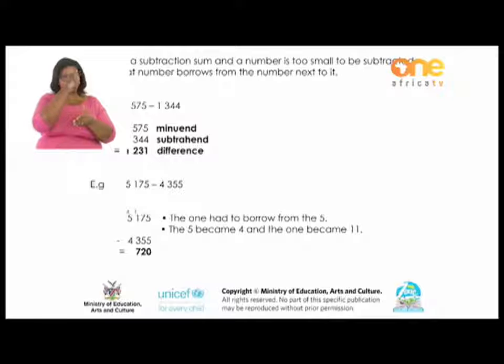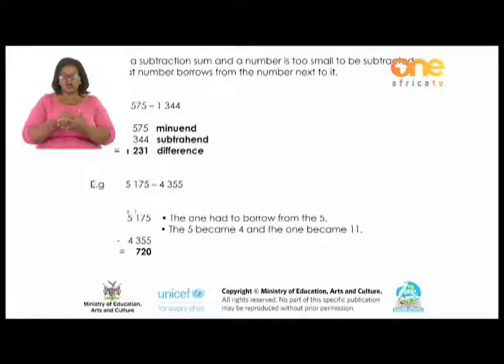Then we say 5 minus 4 equals 1. 7 minus 4 equals 3. 5 minus 3 equals 2. And 2 minus 1 equals 1. And that is equal to 1,231.